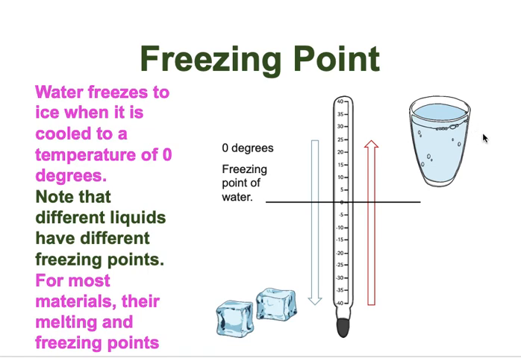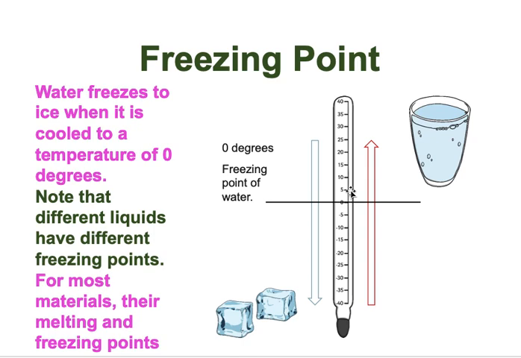So the point at which it starts melting is 0 degrees Celsius, and that's called the melting point. The point when you place the water in the fridge at 0 degree, it will start freezing. So that point is called the freezing point. It means it starts to form ice.